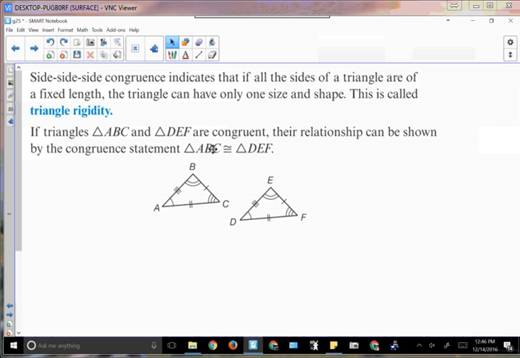B to C should be the same as E to F. B to C, E to F. Now, the last ones could be A to C, D to F. Now, mind you, you can turn the order, E, F, and F, E are the same thing, correct? Same thing. Generally, we want to go in alphabetic order, just to keep that in mind.